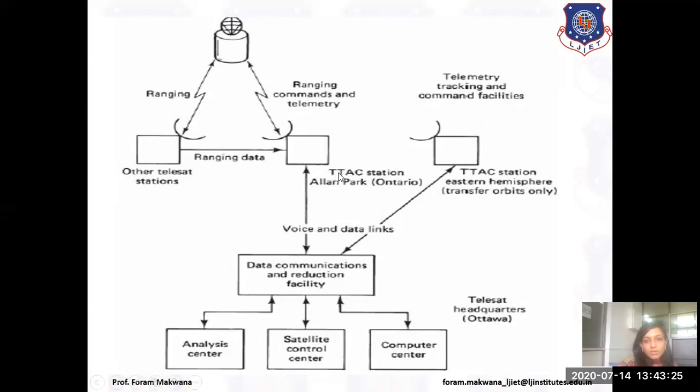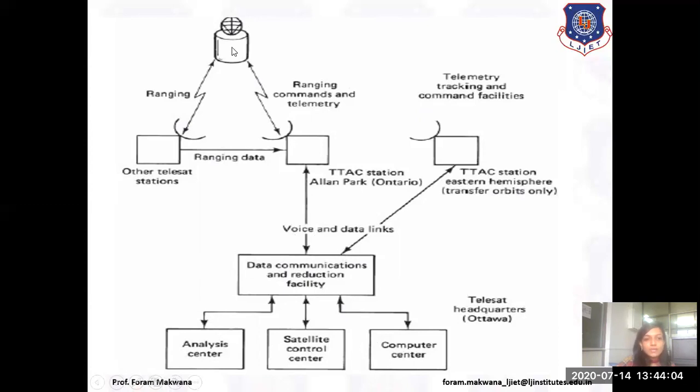This is the telemetry, tracking, and command station, which is providing voice and data links from the Earth station, which is on the ground, having an analysis center, satellite control center, and computer center. The data flow can be bidirectional. These are known as the telesat headquarters, which provide data communication and reduction facility.